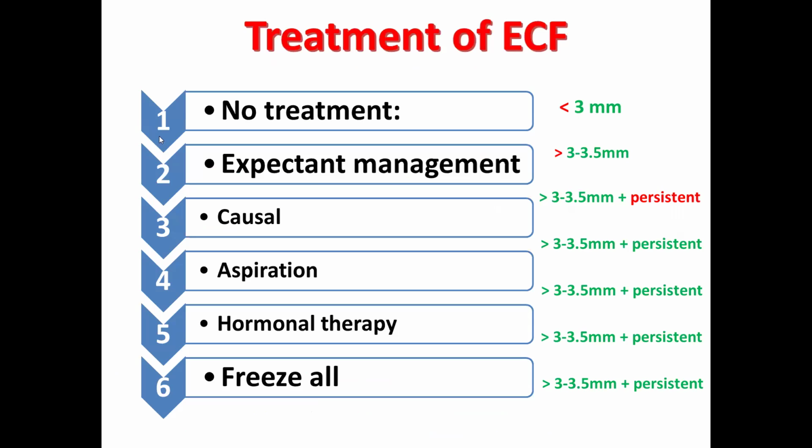So I summarize to you the lines of management of endometrial cavity fluid. You may have no treatment if it is transient and less than 3 millimeter. Expectant management if it is more than 3.5 millimeter. And causal treatment if it is persistent and more than 3.5, or aspiration or hormonal or freeze all.